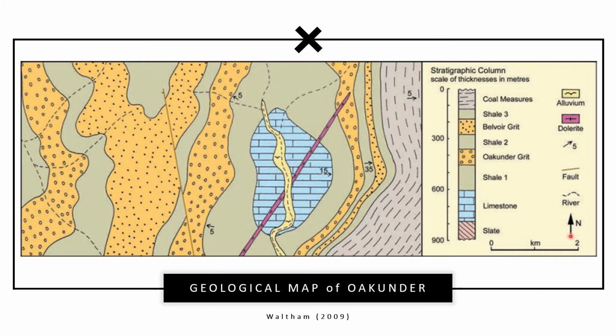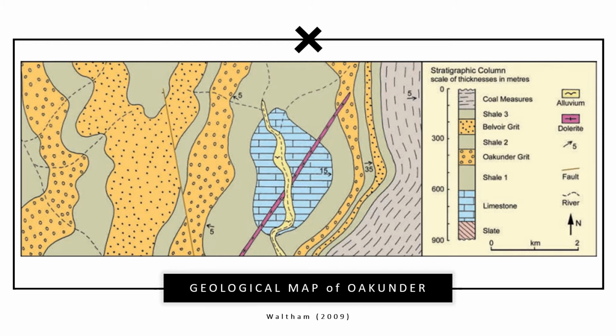In most maps, the north direction is the one that is given, instead of the whole north, south, east, west. The north is just projected in the stratigraphic column. So that is how we read a stratigraphic column.